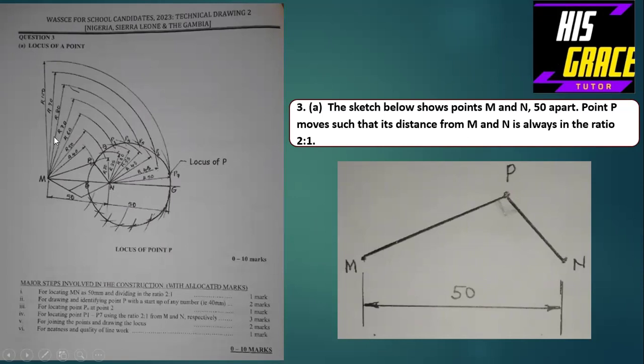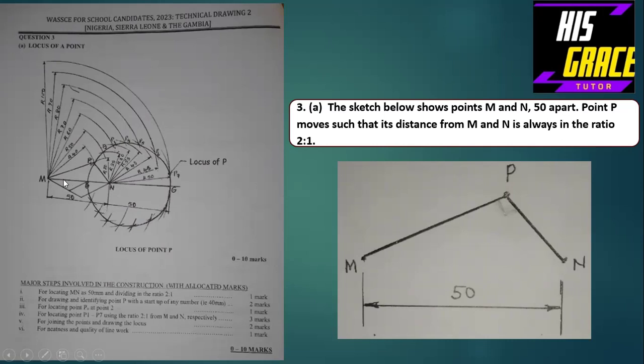Now this is the solution, which is part of the marking guide. Then let's look at the marks awarded to each of the steps taken in solving this problem. The first one says for locating MN as 50 millimeters and dividing in the ratio 2:1, 1 mark.